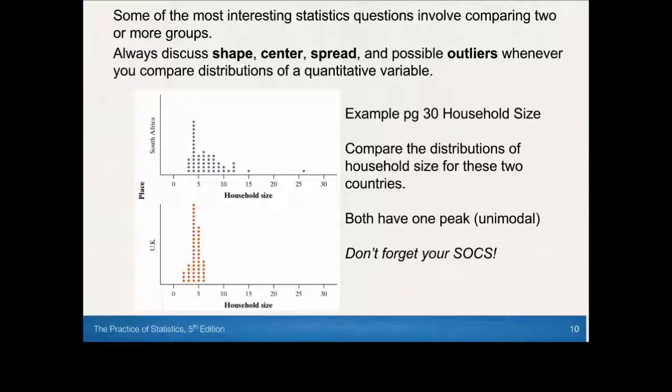Be sure that when you're comparing distributions, you're using the words greater than, less than, about the same, so that it's very clear. You can't just say one is different than the other, because that doesn't work so well. You have to say exactly how it differs.